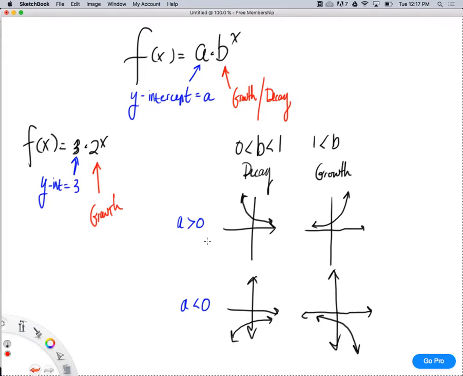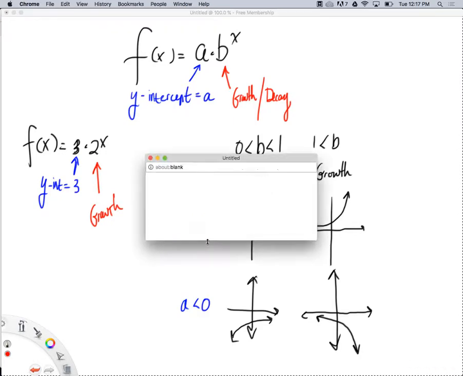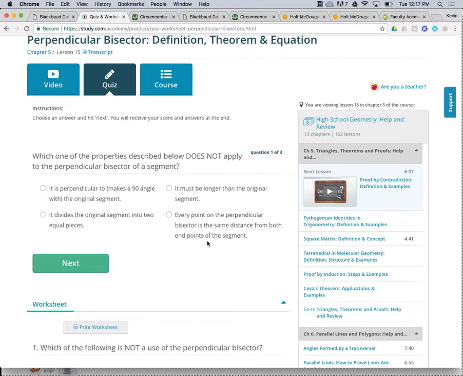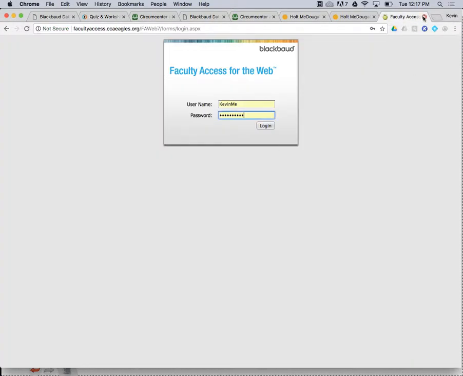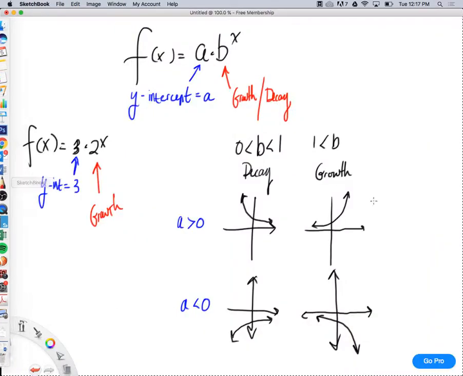So if you see a graph that looks like this, you can immediately eliminate it. Or if it looks like that, or it looks like that, right? Because you know the general form of the graph. Does that make sense to you guys? So just having this memorized is really going to help you, especially on this quiz.